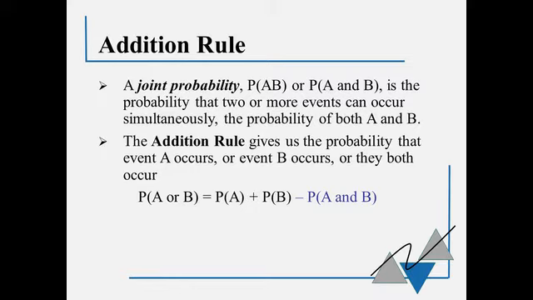Now that seems like a typo that I put a minus sign there, but it is not. If I've counted an event, I've included it with A and I've included it with B, I've counted it twice. And so I subtract to avoid double counting.